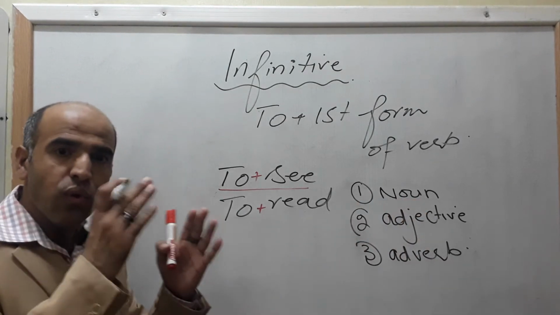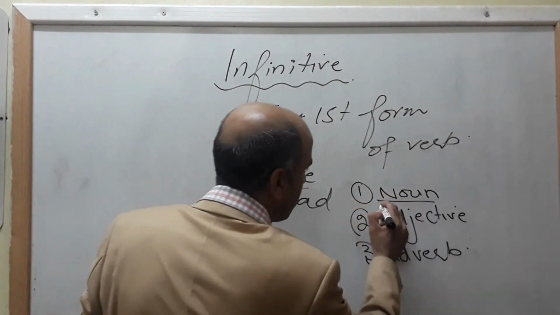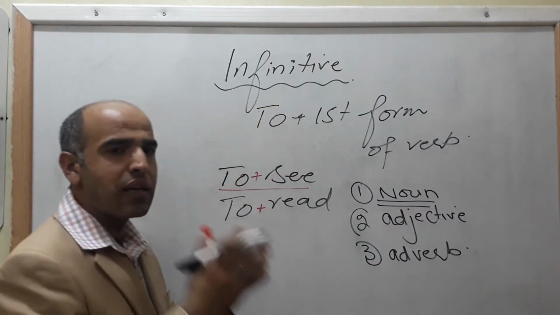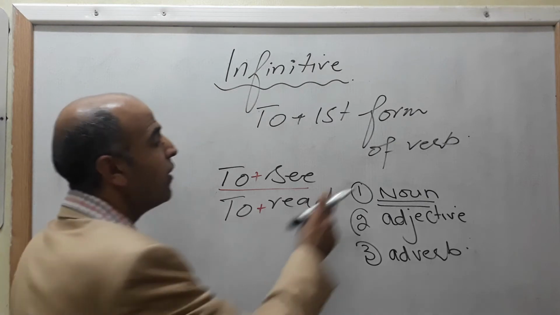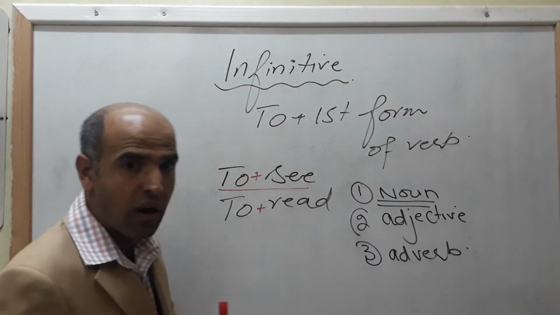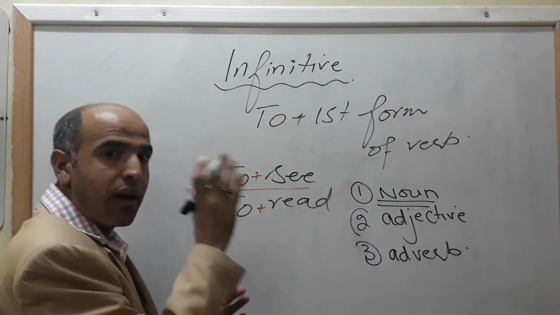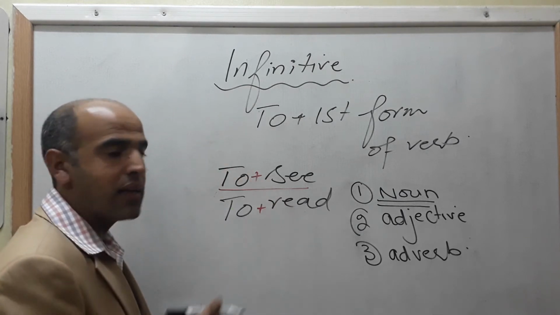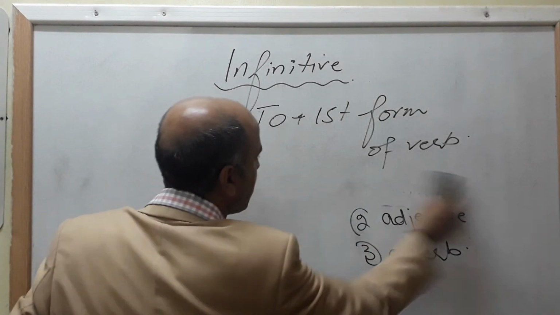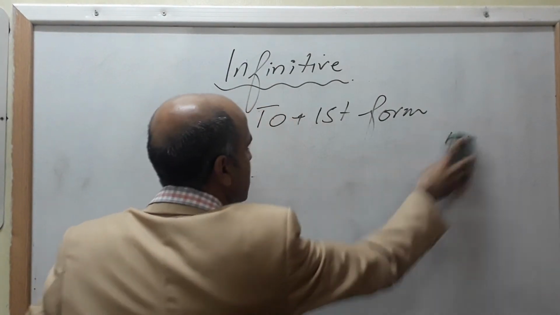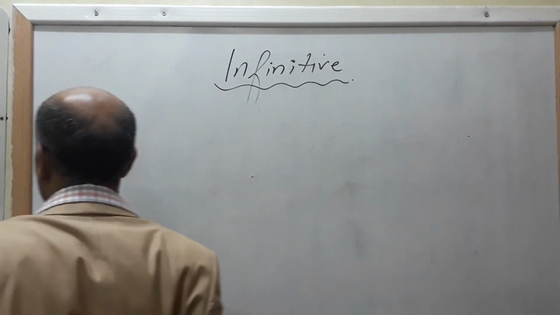First of all, you know that a noun or a pronoun could be a subject or an object of the sentence. First, I'll tell you how an infinitive is used as a subject of the sentence.